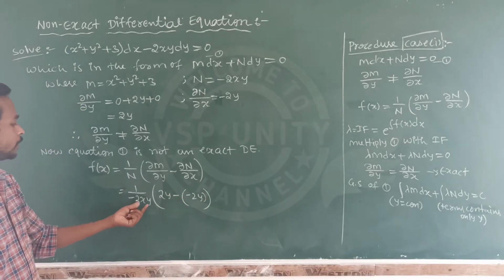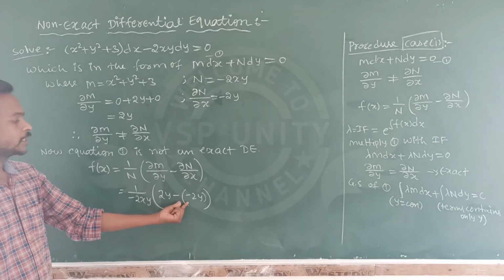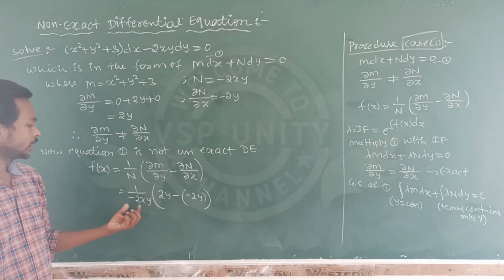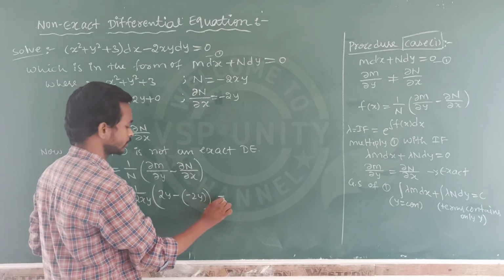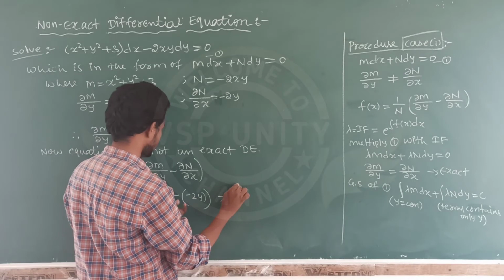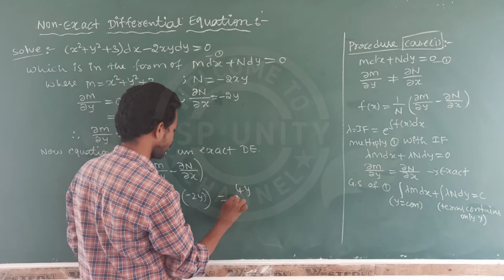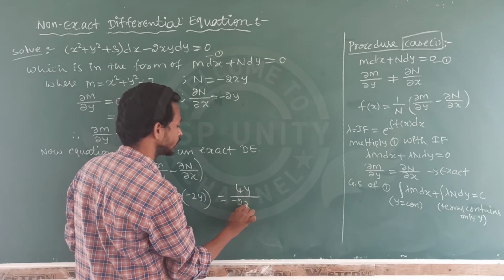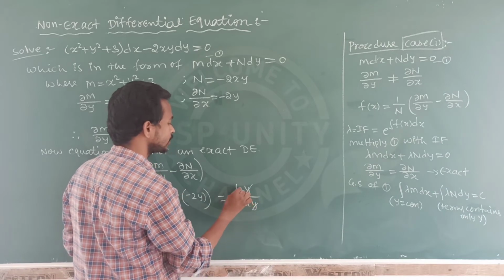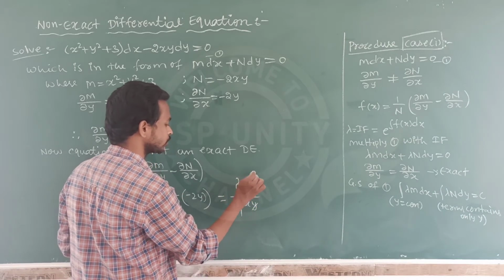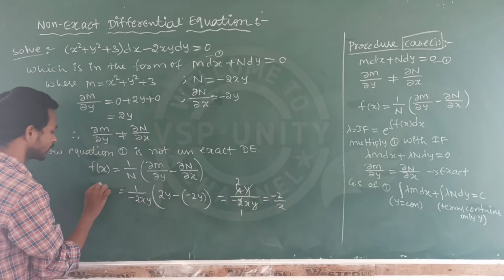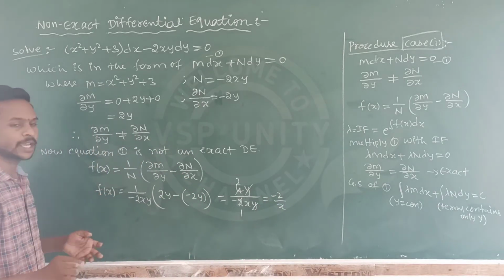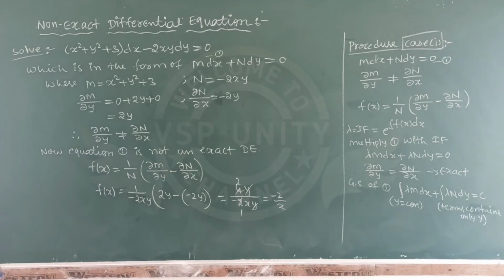If you observe, 2y plus 2y is 4y, so 4y by minus 2xy. The y cancels and 2 by 2, so minus 2 by x is the f of x value. It is not an integrating factor, it is the f of x value. Now observe how to find the integrating factor.